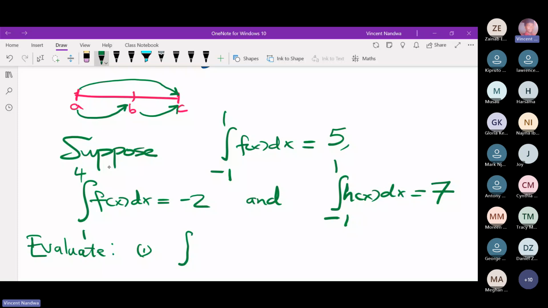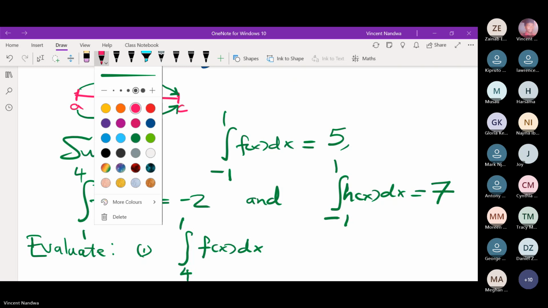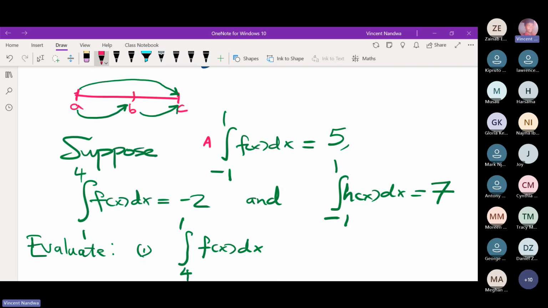the integral from 4 to 1 of f of x dx. Maybe let me call this a, let me call this one b, let me call this other one c, for illustration purpose.